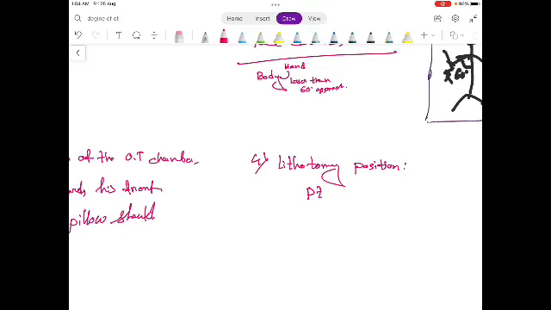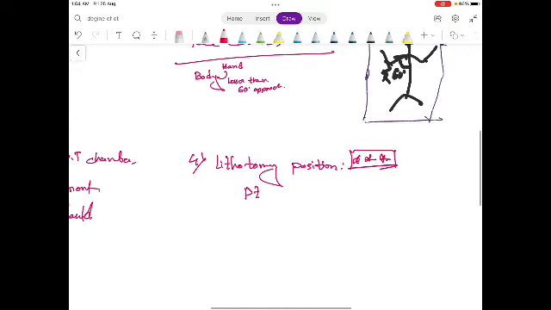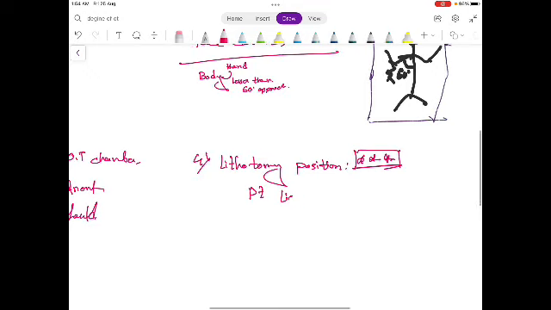Coming to the lithotomy position, the patient body positioning is very critical, one of the critical positionings done in the OT, right? So you have to think about it very carefully.